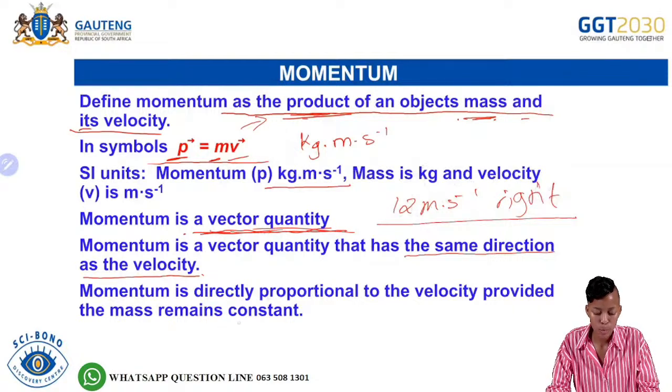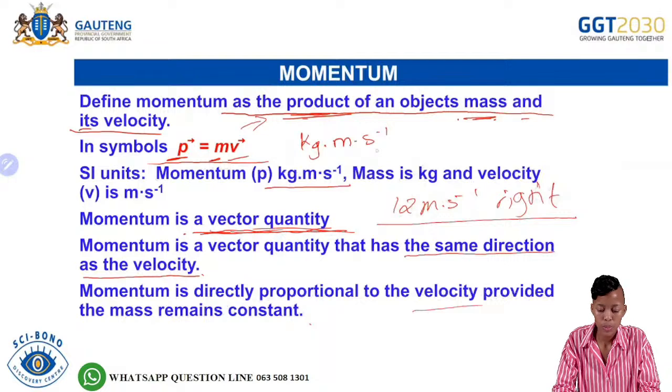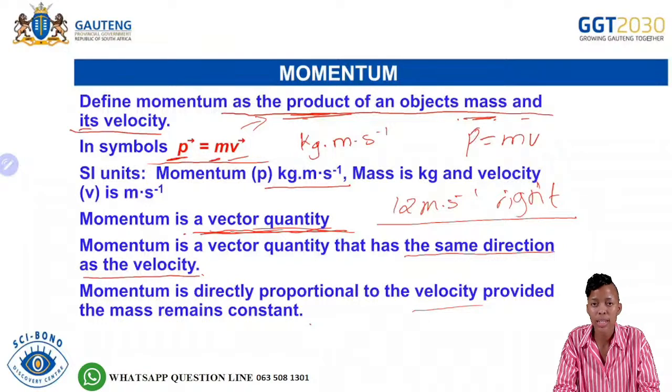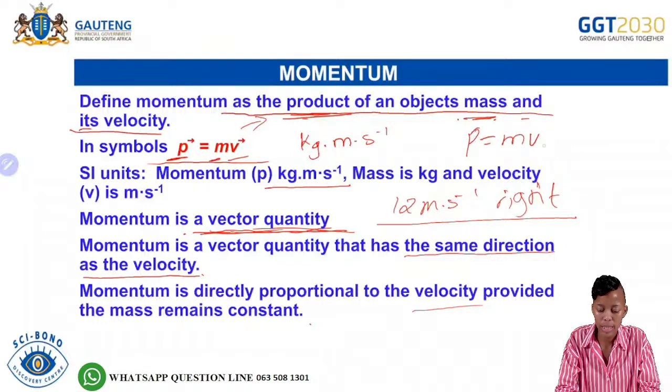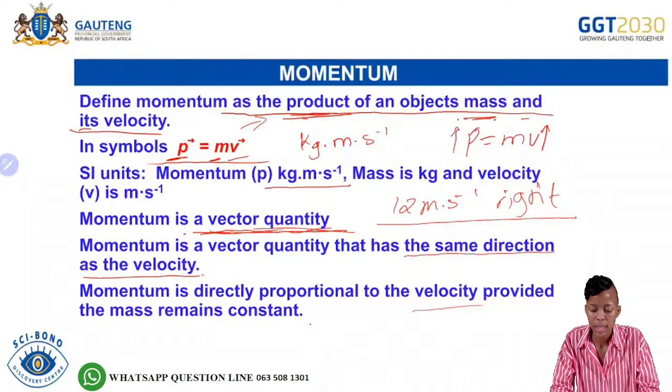Then it says momentum is directly proportional to the velocity, provided that the mass remains constant. So meaning that if your velocity increases, then we are also expecting that the momentum will also increase.